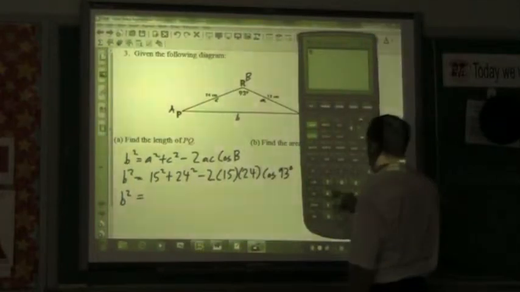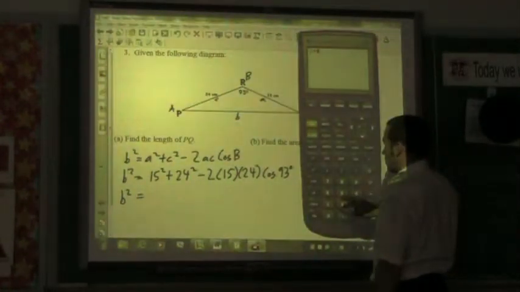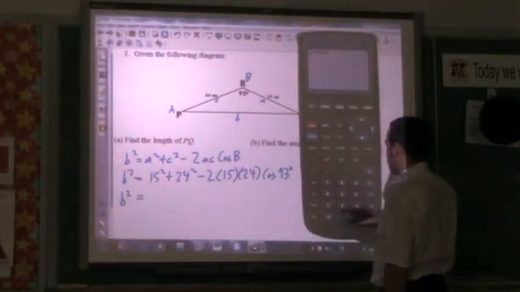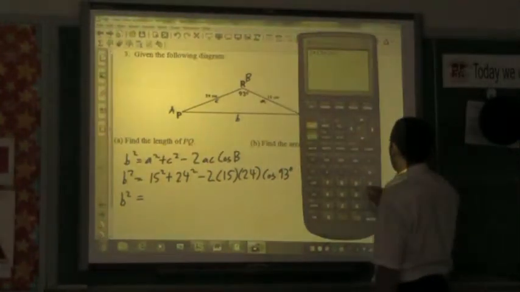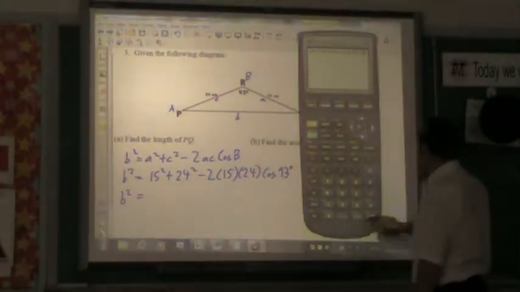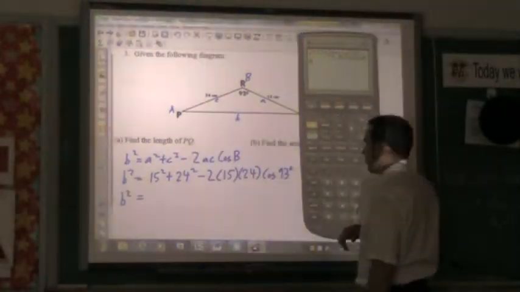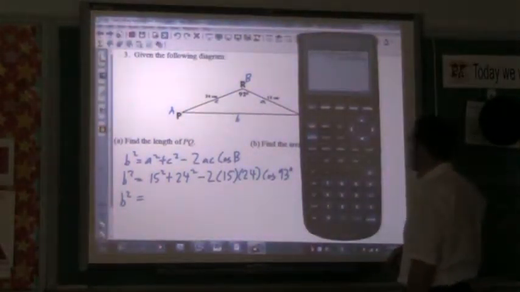I like to do this part first, so 2 times 15 times 24 times the cos of 93. It should give us a negative number, which it does. I know it's going to be negative because we're taking the cosine of an angle larger than 90.